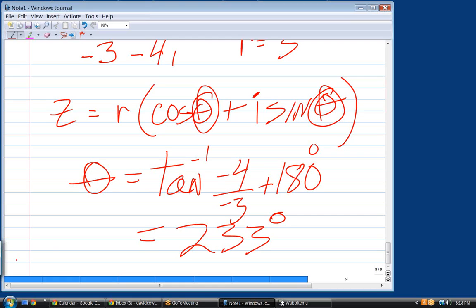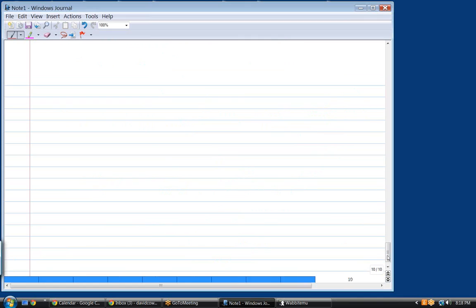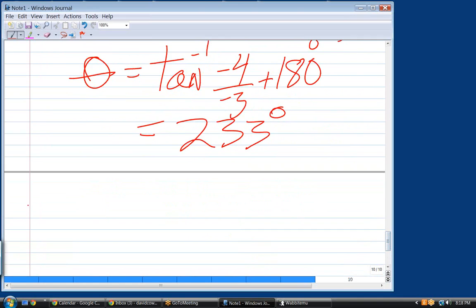In other words, they say this at the very end, that minus 3 minus 4i is approximately equal to 5, that was r, times the cosine, and this needs to be in radians.